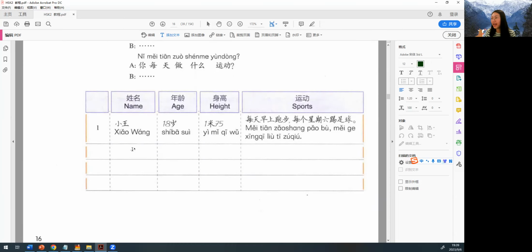All right, so let's take a look at this sentence. 小王, it's a name. 18岁, his age. 1.75米, the height, and 每天早上跑步，每个星期六踢足球. So here is 每天早上, it means every morning, 跑步 jogging, running, 每个星期六 every Saturday, 踢足球 play football.